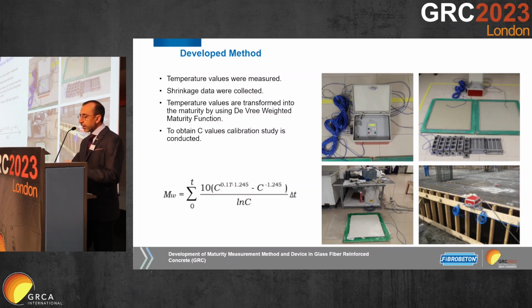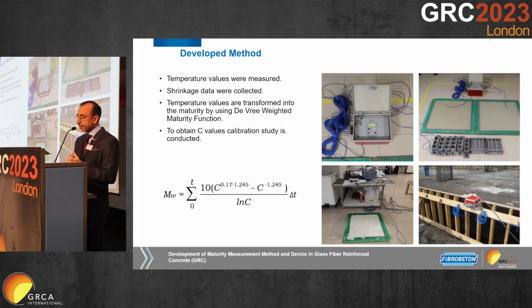The temperature values were measured with the help of a K-type thermocouple placed into the concrete. I'll show you a different image as well afterwards. These values were transformed into a maturity index by using this de Vries-weighted maturity function. To obtain the C value, which comes from the cement part, a calibration study is conducted. To define the C value, we took 6 samples from each mixture.